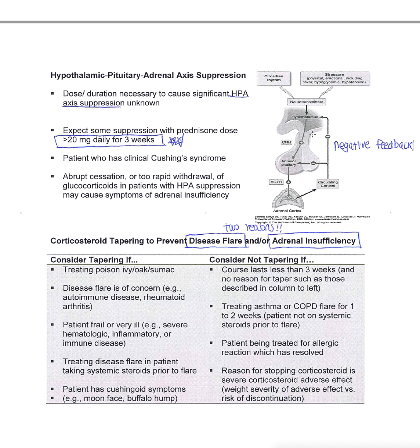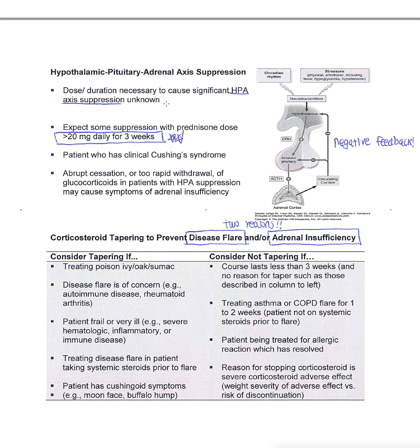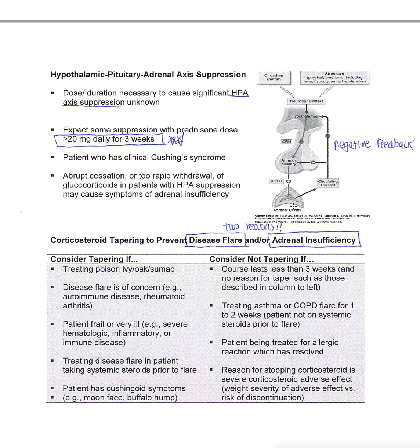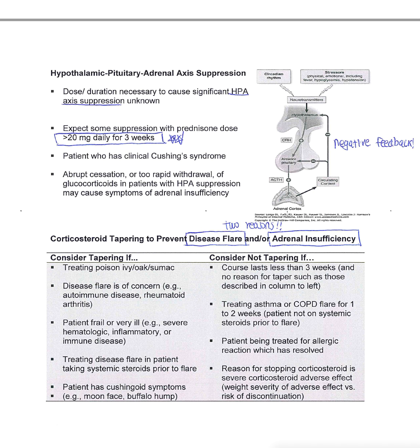However, when there is too much cortisol, especially given exogenously, that's going to lead to negative feedback. And when the consistent and constant negative feedback is there, then it can lead to HPA axis suppression.